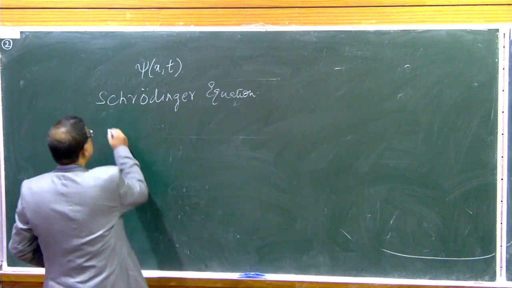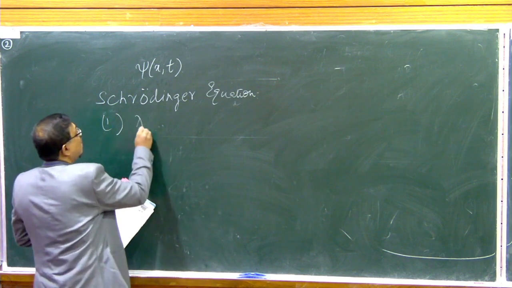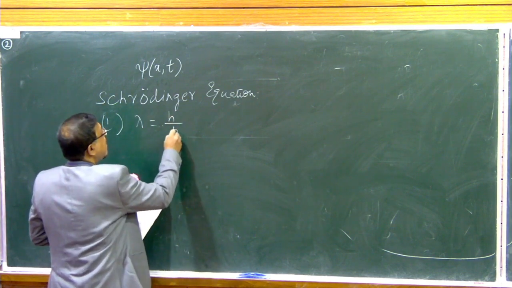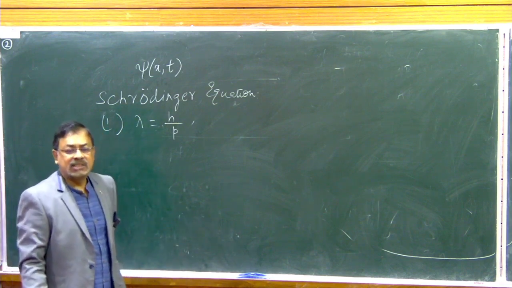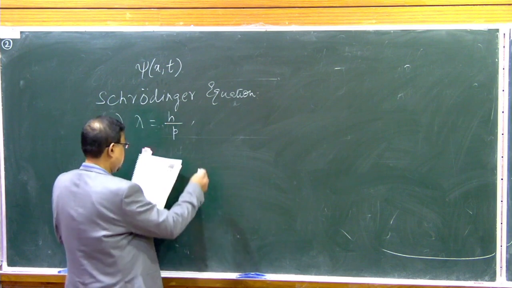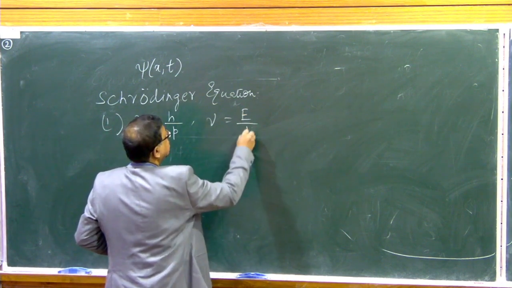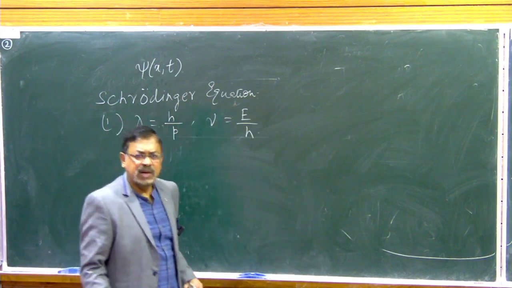The first thing it should satisfy is the de Broglie relation and what we call Planck's postulate, or you can also call it Einstein's energy relation: nu is equal to E over h. You have seen all of that in the photoelectric effect.